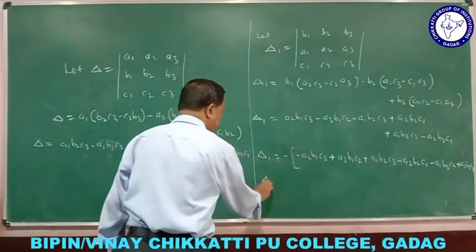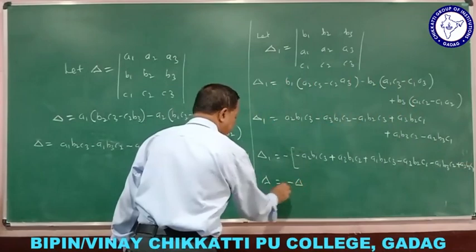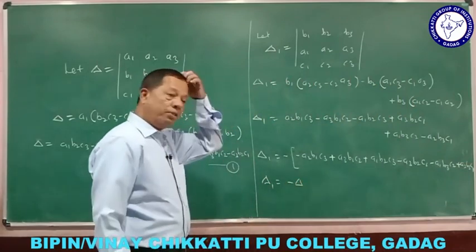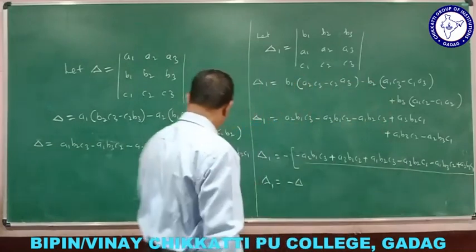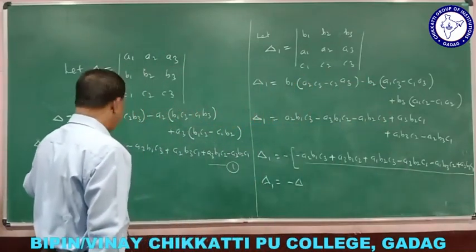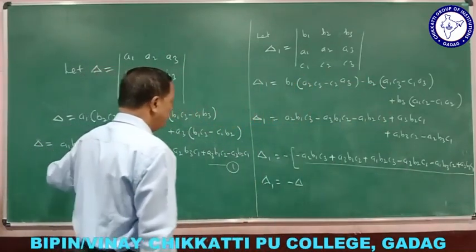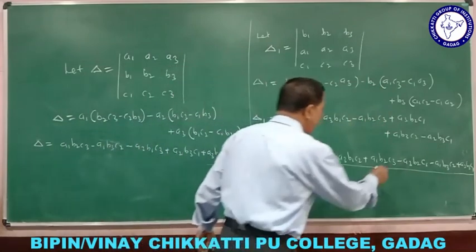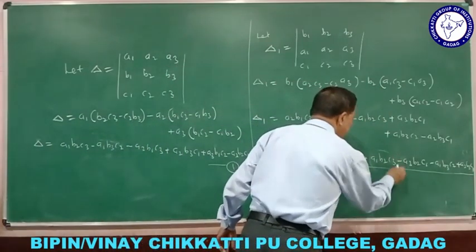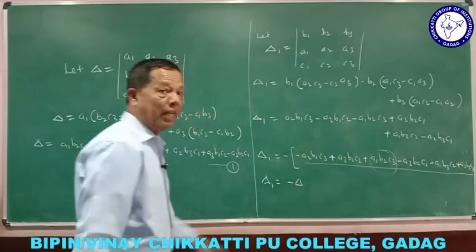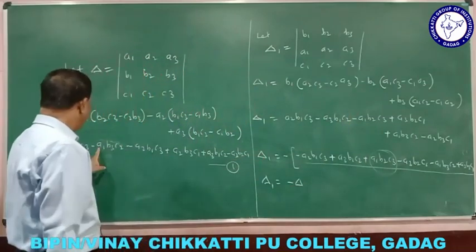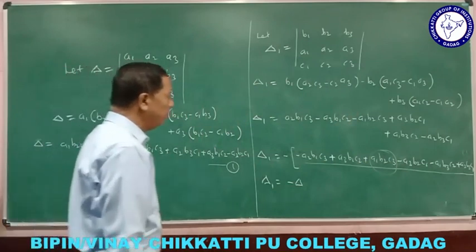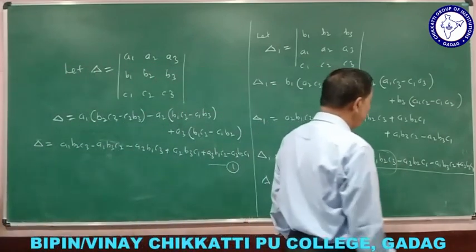Now, this delta 1 is equal to minus delta. You are asking how this is delta. Check: A1 B2 C3 is there. In the examination, you never check it. Second is minus A1 B3 C2, it is there.